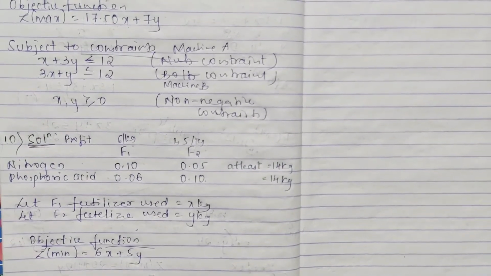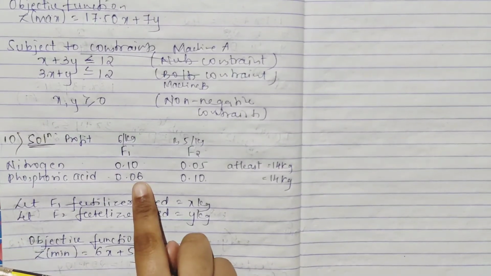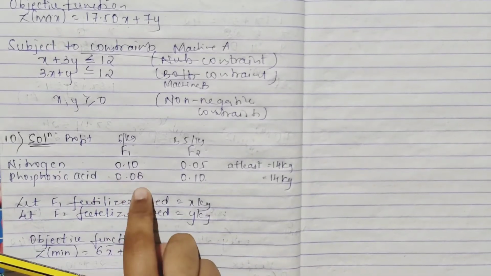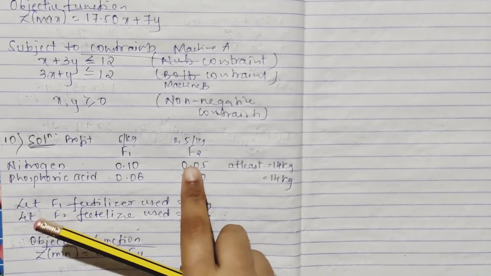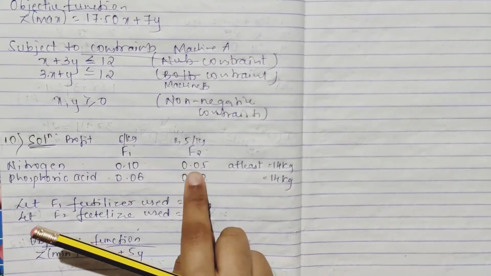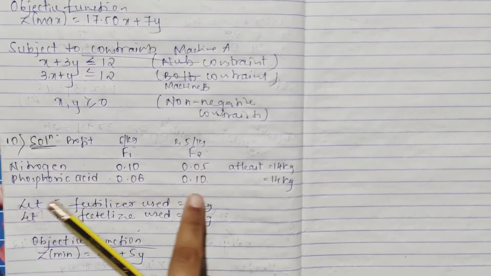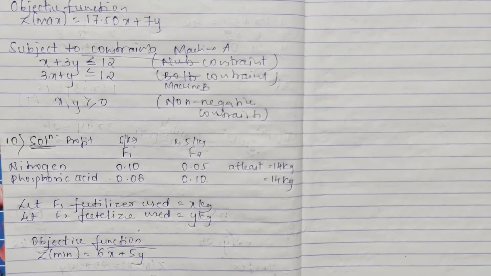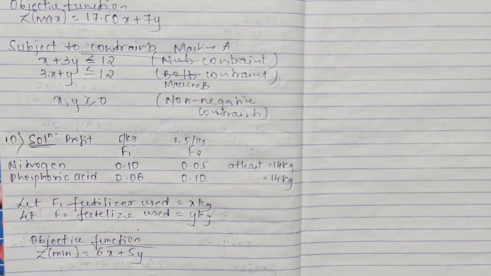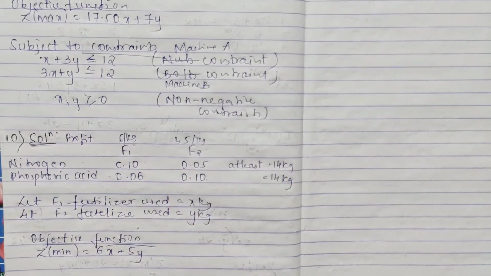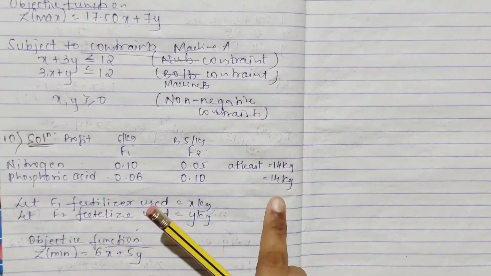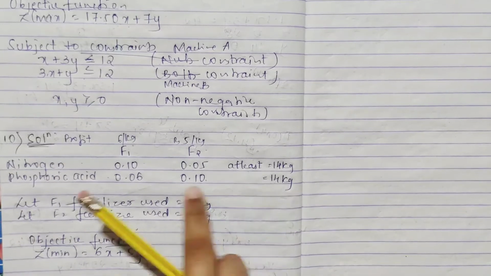Don't get confused. In F2, nitrogen is 5%, so 0.05, and phosphoric acid is 10%, that is 0.10. Then they said she needs at least 14 kg of nitrogen and 14 kg of phosphoric acid.